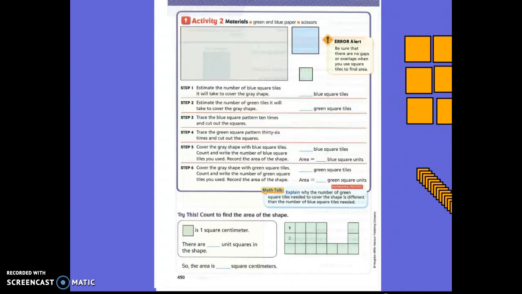Okay, now step 3 says to trace the blue square pattern 10 times and cut out the square shapes. I think I have 1, 2, 3, 4, 5, 6, 7, 8, 9, 10. Oh, I have way more than 10 big ones. Okay, did you guys get your estimates down? Yeah. Okay. All right. So I'm going to put square tiles on the shape.